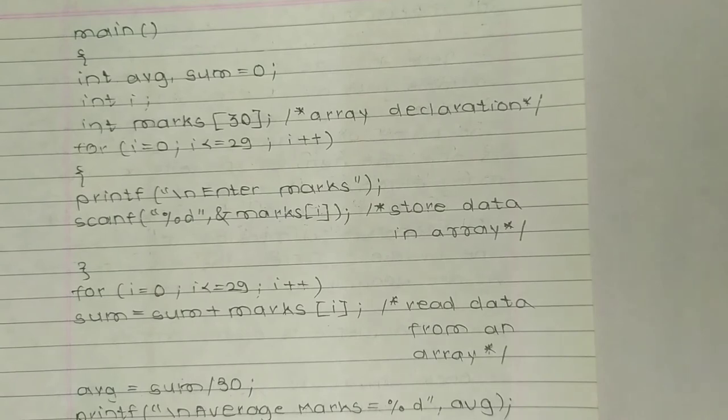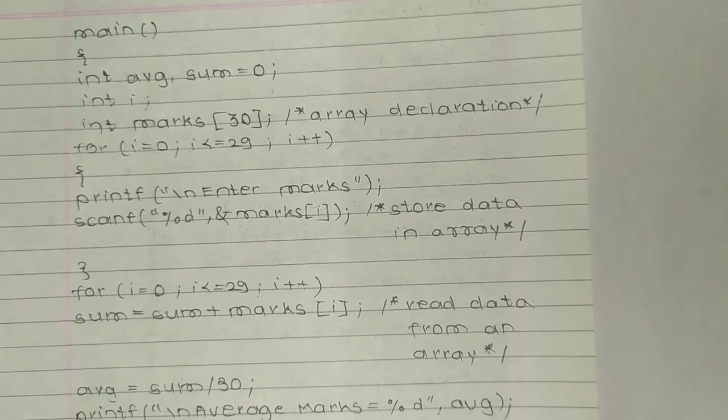Now scanf("%d"). %d is for an integer and %f is for a float. Here we have all integers, that is average, sum and i are all integers, so %d is written. Now comma, &marks[i].